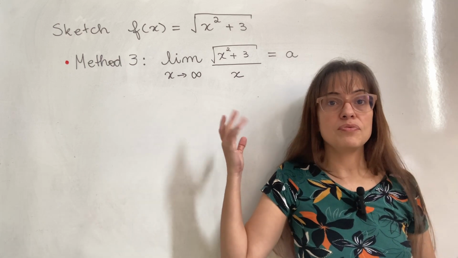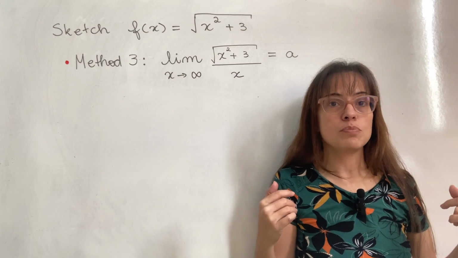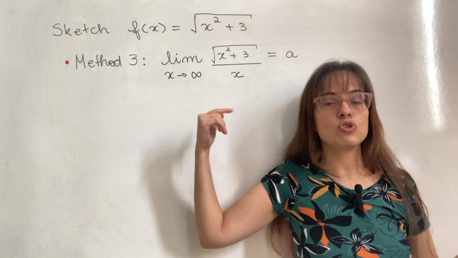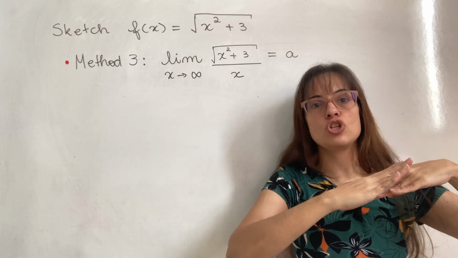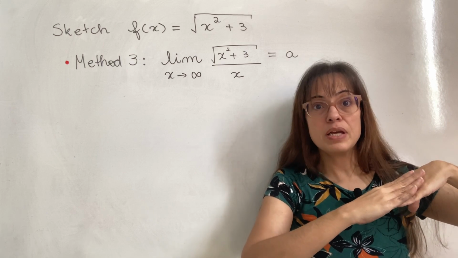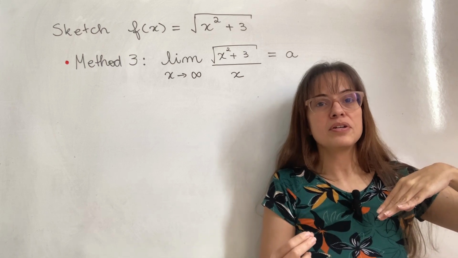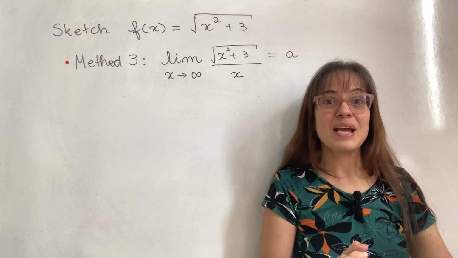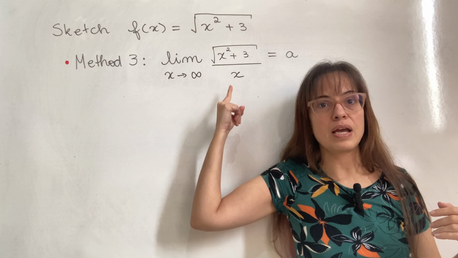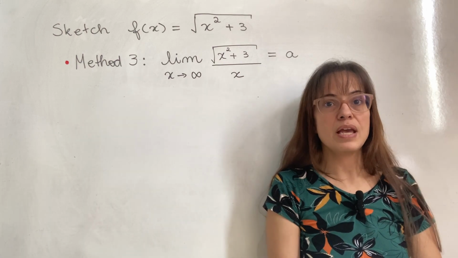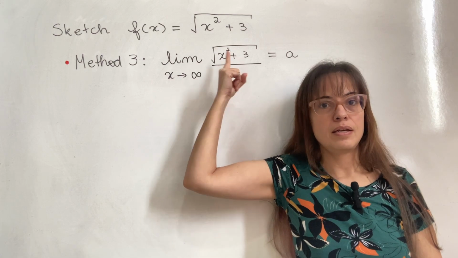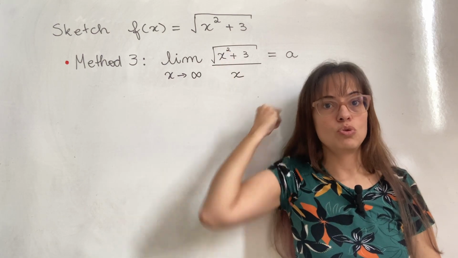You just say, well, if there is a diagonal asymptote y equals ax plus b, again, as x goes to infinity, the function is approaching that ax plus b. X is big, so b doesn't matter when compared to ax. So you just take the function divided by x, and the result of that should be a, because the function is going to ax. Ax over x should be a.